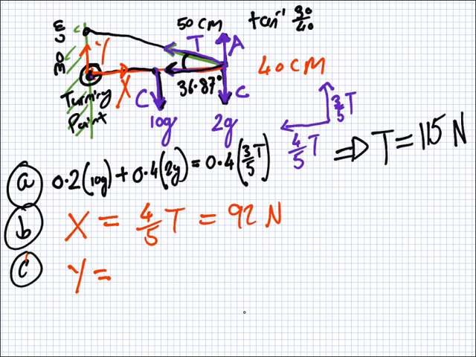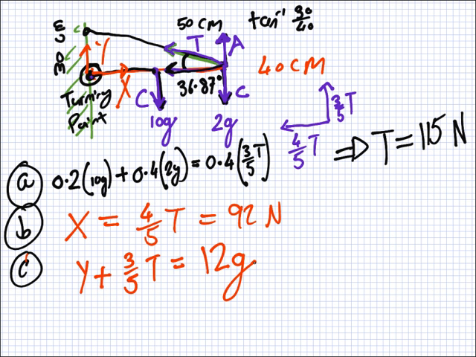It will equal, look carefully, 3/5 T. But I'll write it like this to make it easier: Y plus 3/5 T. What should that equal? Yeah, which is what? 12g.